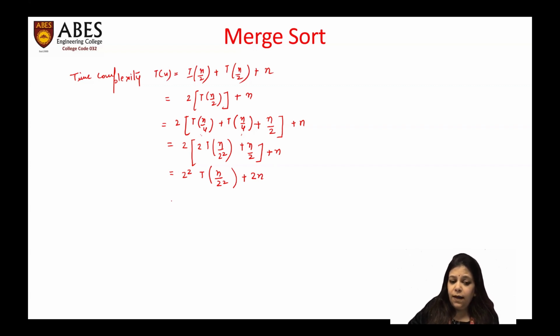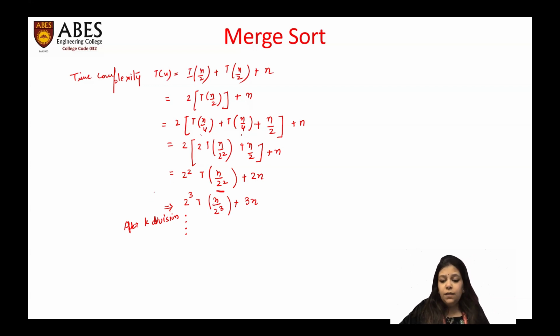Now again, we can see that if we divide this problem into two subparts, we will get 2 raised to the power 3 T(n upon 2 raised to the power 3) plus 3n. Suppose we say that after k divisions, the number of elements in the array is coming out to be 1.